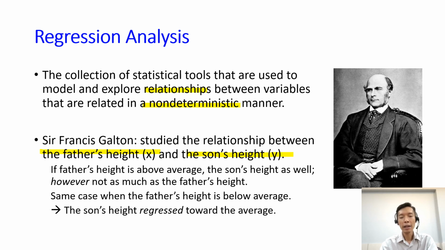It's the same case when the father's height is below average: the son's height is also below the average, but not that much below. In other words, he found out that the son's height regressed toward the average of the children. So the ones that are above or below the average are still above or below the average, but they tend to be closer to the average of the other children.